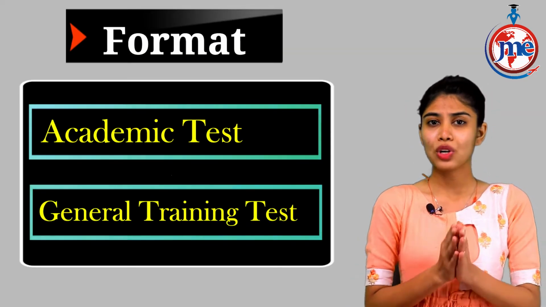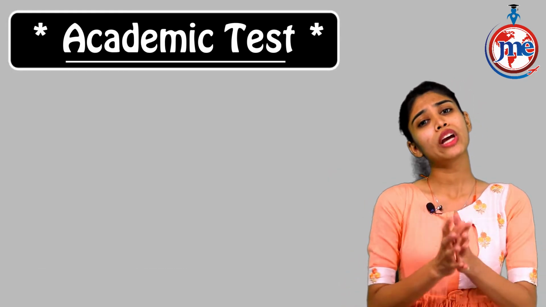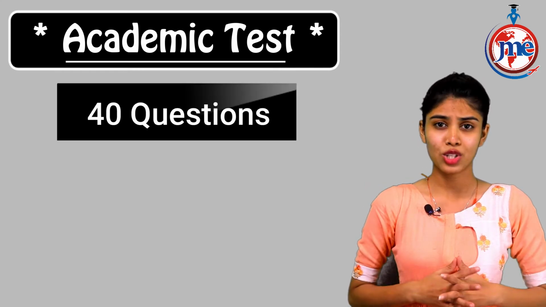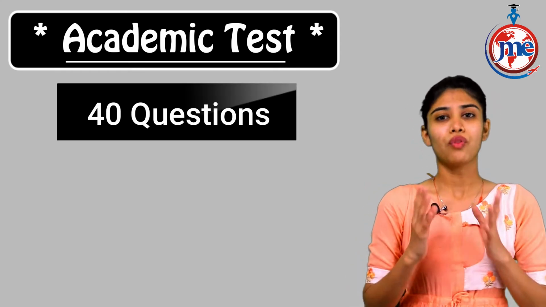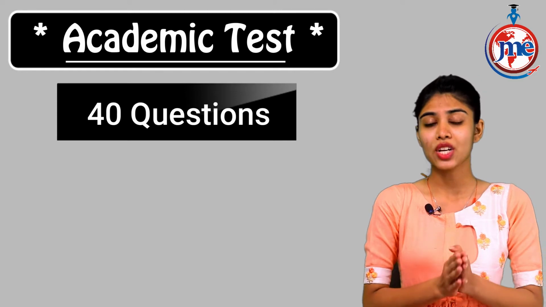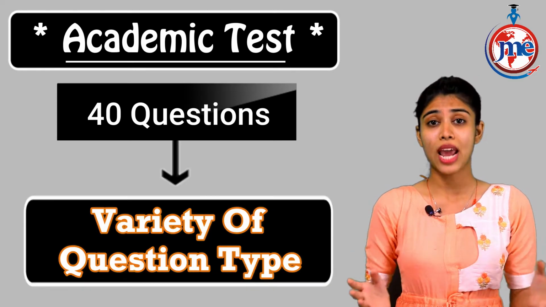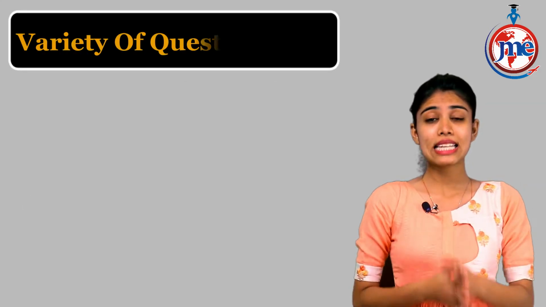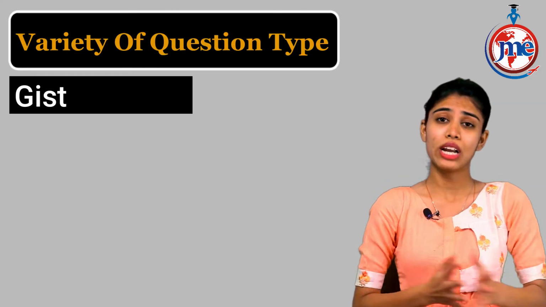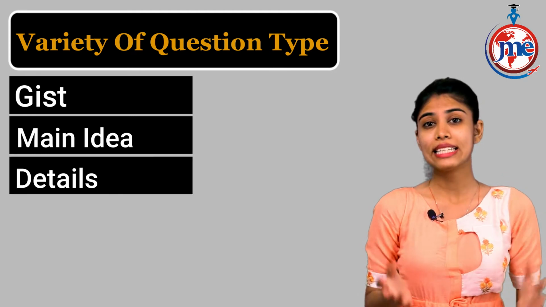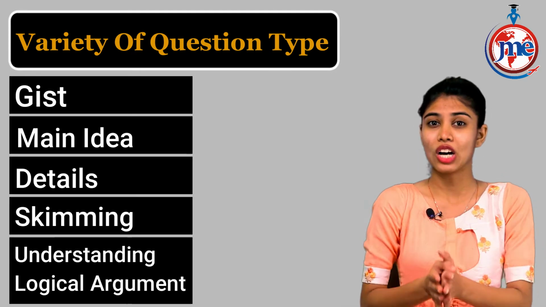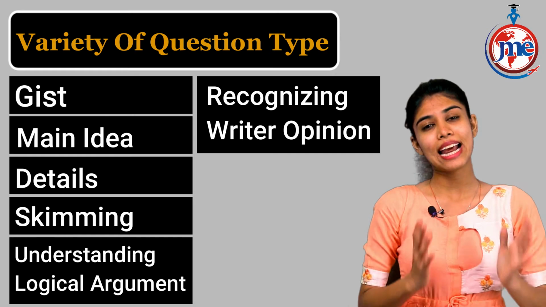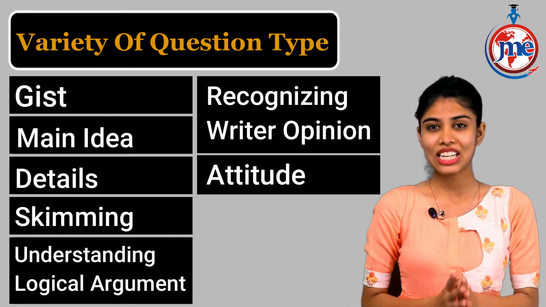First of all, I am going to explain in detail about the academic test. In your academic test, a total of 40 questions are included, and your 40 questions are divided into a variety of question types to check your wide range of reading skills. This includes reading for keys, reading for main idea, reading for details, skimming, understanding logical argument, recognizing writer opinion, attitude and purpose.